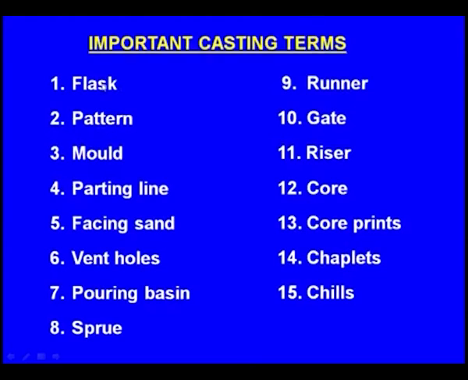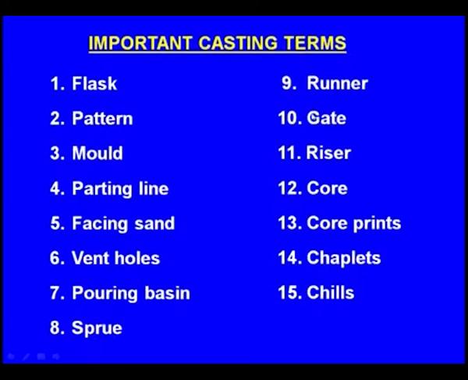One is the flask, second pattern, third mould, fourth parting line, fifth facing sand, sixth wind holes, seventh pouring basin, eighth sprue, ninth runner, 10th gate, 11th riser, 12th core, 13th core prints, 14th chaplets and finally the 15th chills. A few more casting terms will be there and we will see those terms when we come across them.